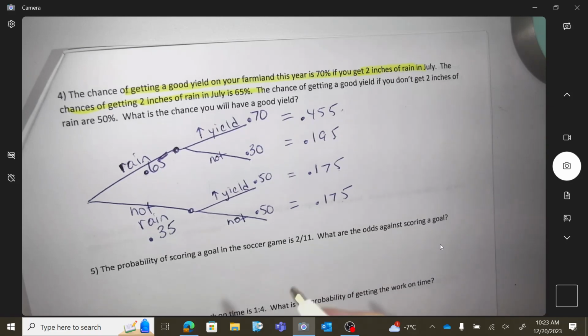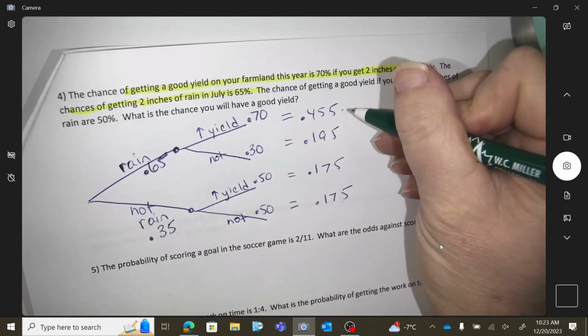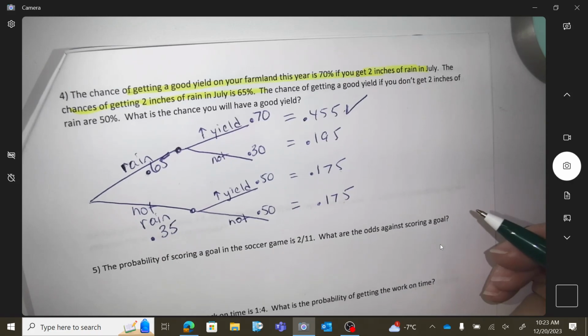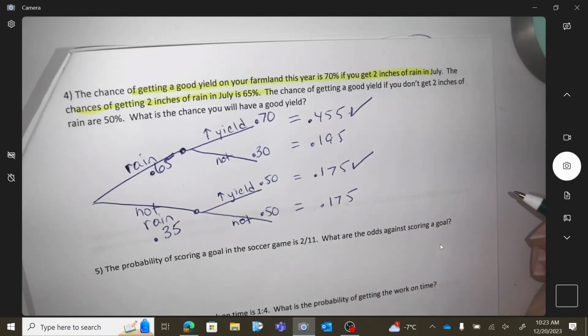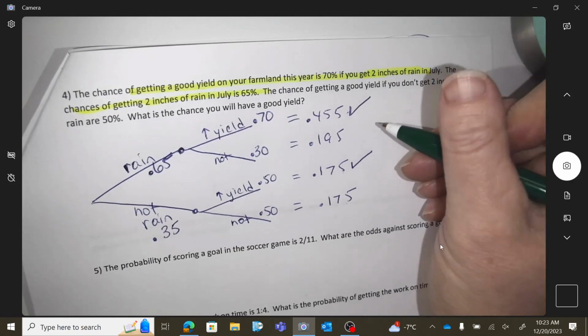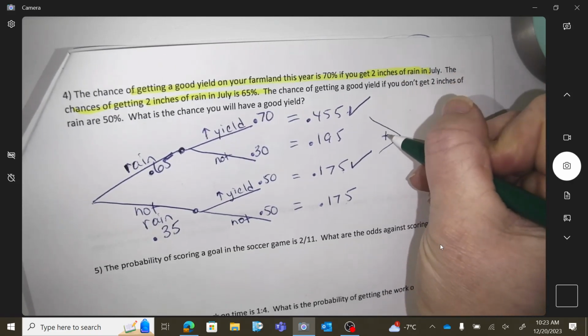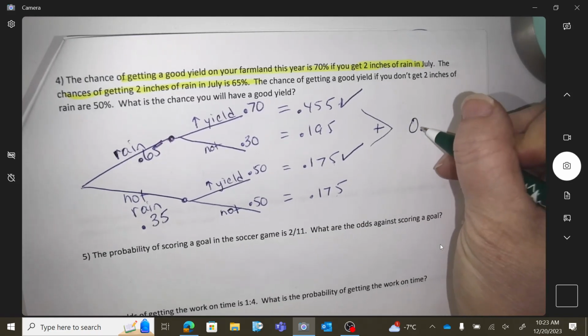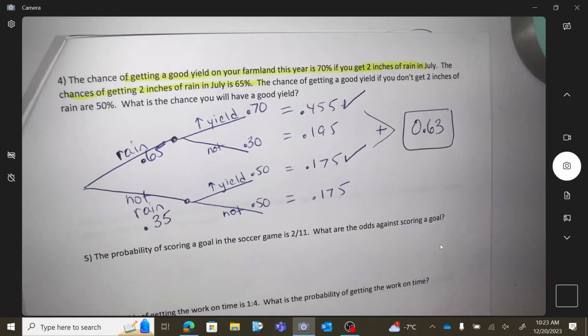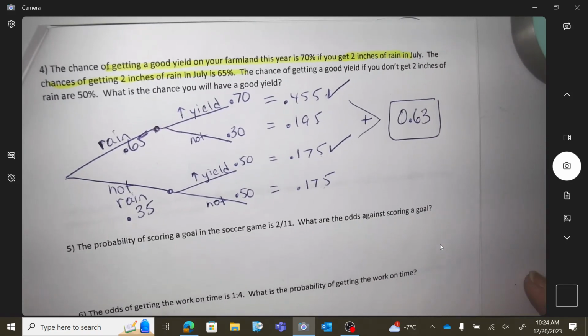Okay, what's the chance that you would have a good yield? So this was a situation where I had the good yield with the rain, and here's the situation where I had a good yield without the rain. So what kind of process are you going to do there? You're going to add those numbers. Okay, you can leave it like that. You could have stated 63%, whatever you wanted there.